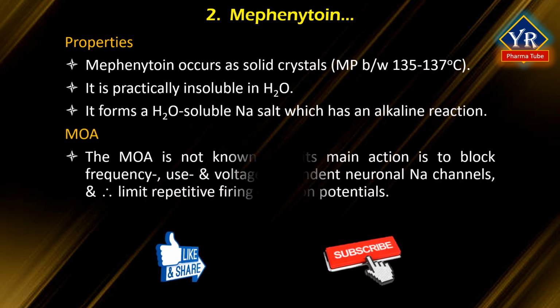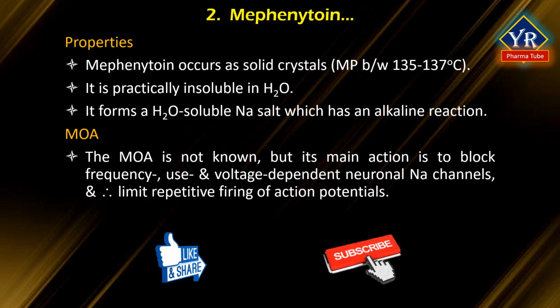The mechanism of action of Mephenytoin is not definitely known, but extensive research strongly suggests that its main action is to block frequency, use, and voltage-dependent neuronal sodium channels and therefore limit repetitive firing of action potentials. It has almost the same mechanism of action as that of other hydantoins.